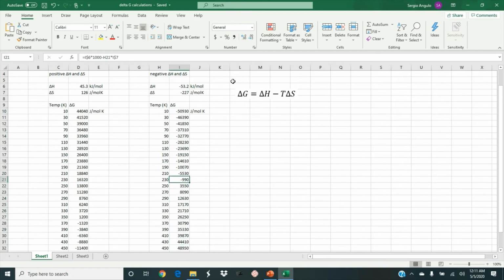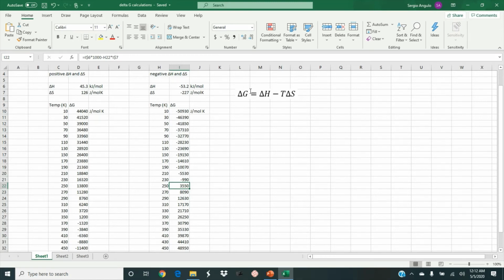Somebody might ask, at what temperature specifically is this reaction going to go from being spontaneous to not? And that's the temperature at which delta G is 0. And you can find that. I'll do that on a sample problem, in the sample problem videos.